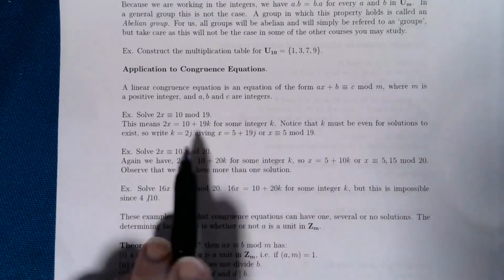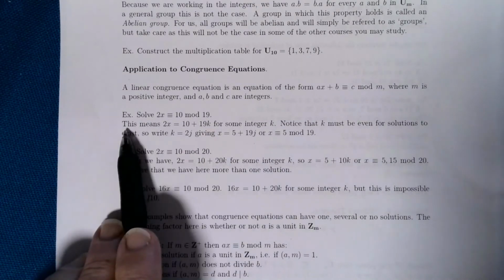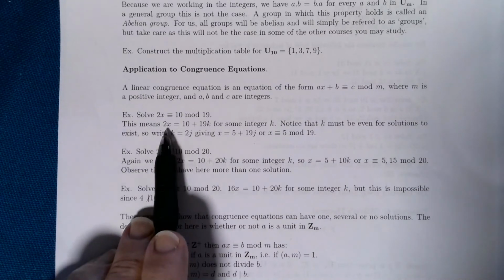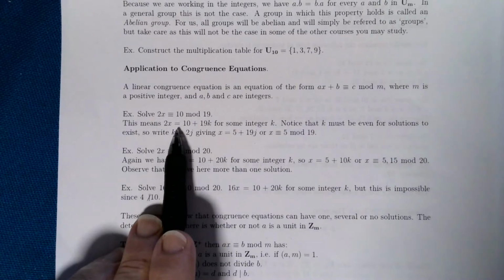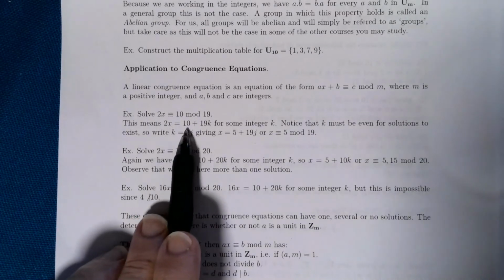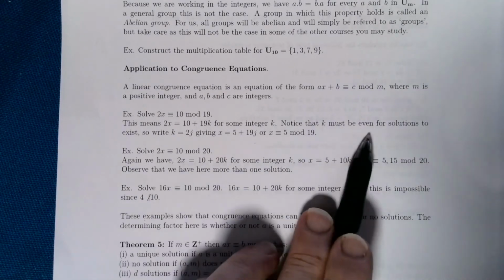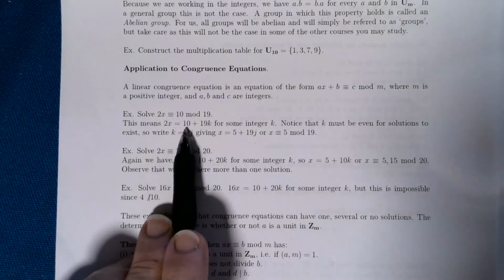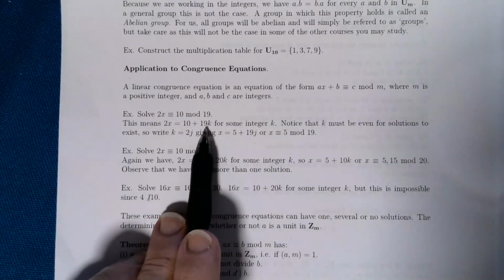Now, we would normally just go straight to the answer, but just to explain what's happening here, I can get rid of the congruent sign, make it an equals, by simply saying that 2x is 10 plus some multiple of 19, say 19k. Now, this is even, so if there are solutions, this number here must be even, so k is even.